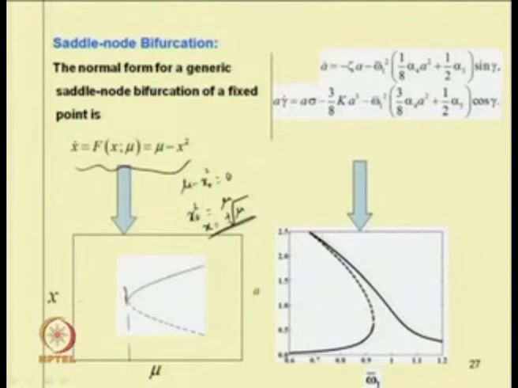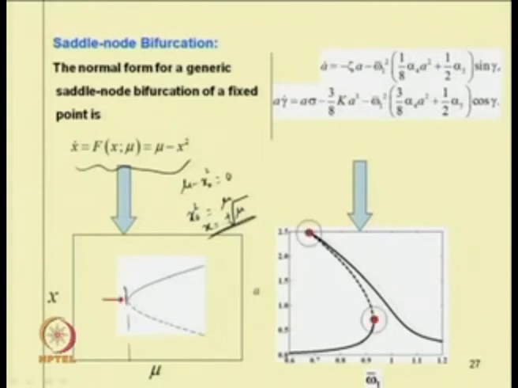So we do not have any response up to this, and then at mu equal to 0, x becomes 0. But for mu greater than 0, we have two solutions.